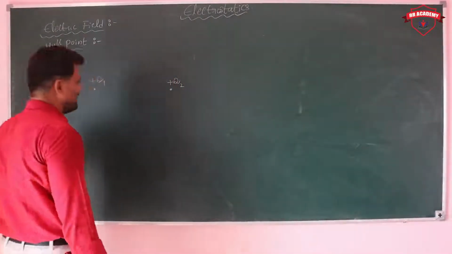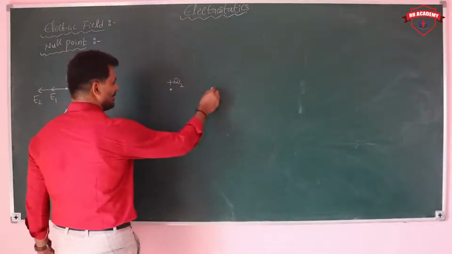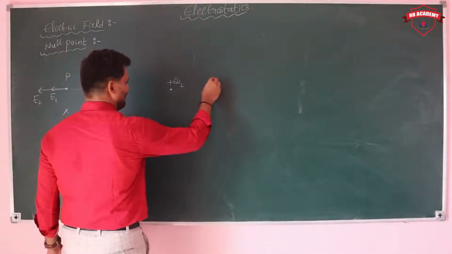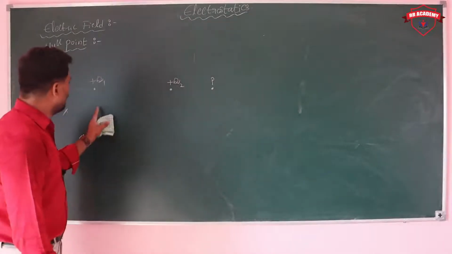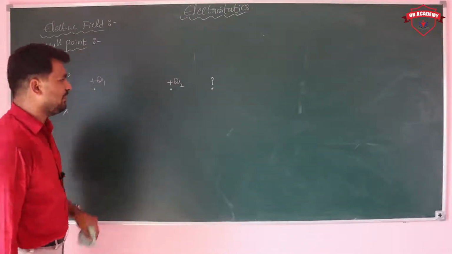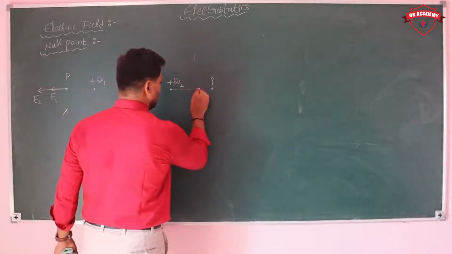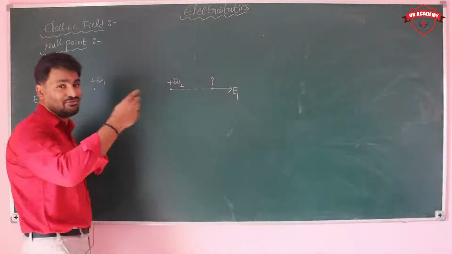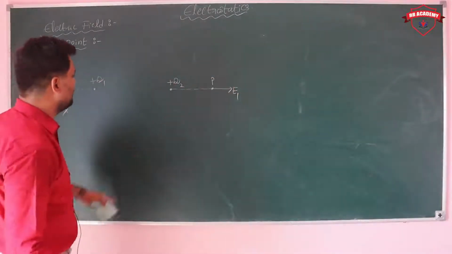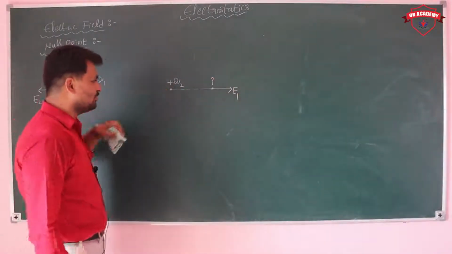Let's check the right side. Here I am considering point B. What about the field due to Q1? Positive charge, so away from it. What about the field due to Q2?